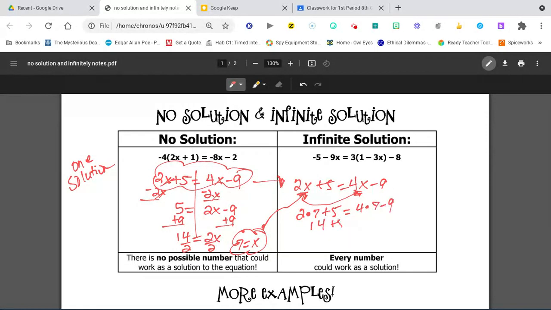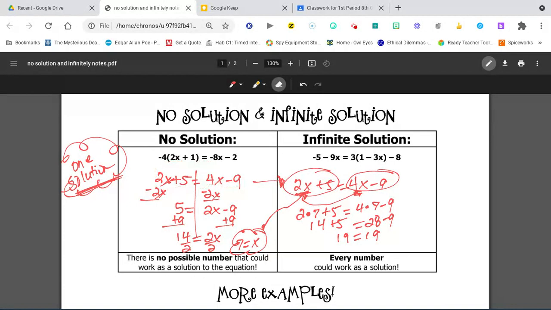And as you can see, I will end up with the same thing on both sides, 19 equal to 19. So in other words, 7 is the only thing that makes this side of the equation equal to that side of the equation. 7 is the only answer, so we say 7 is the one answer to this equation. But sometimes these equations don't have just one answer.